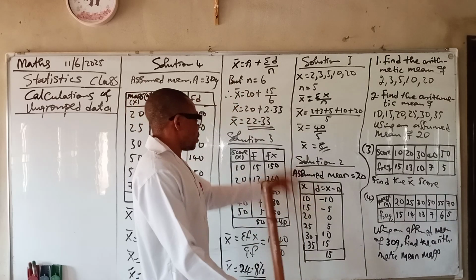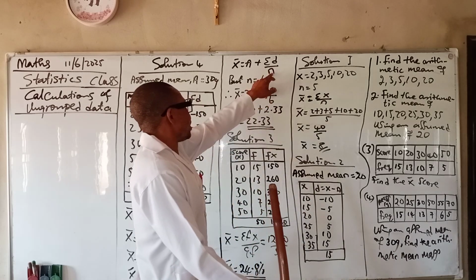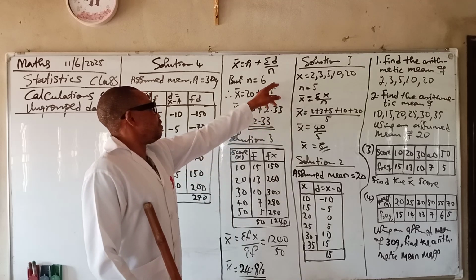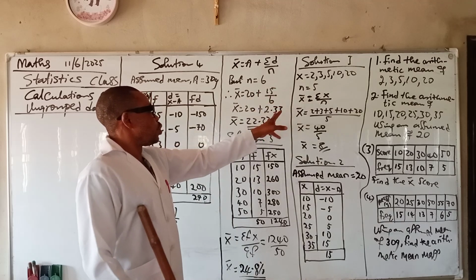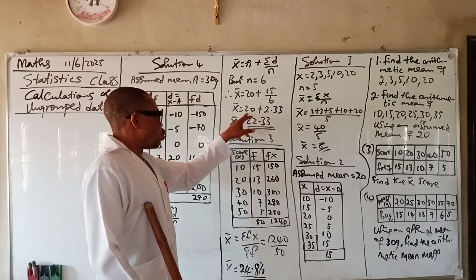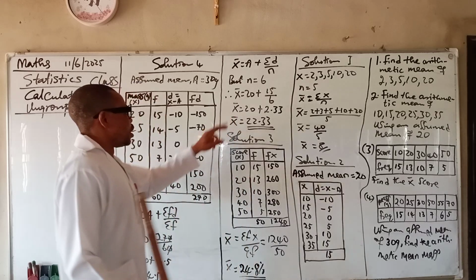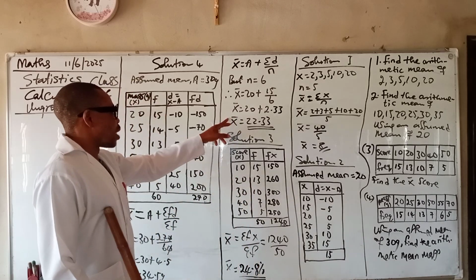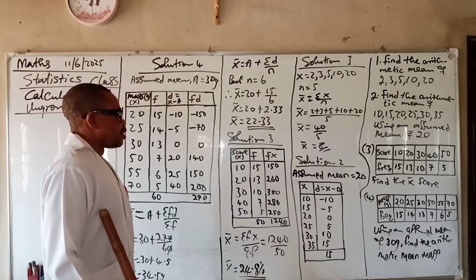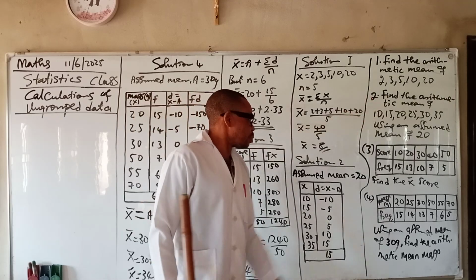Then we use 6, which is the total number of data we have here, to replace small n. 15 divided by 6 gives us 2.333, leaving it in 2 decimal places. We now add it to 20, which is the assumed mean. We now have the arithmetic mean as asked as 22.33. That is the arithmetic mean for question number 2.